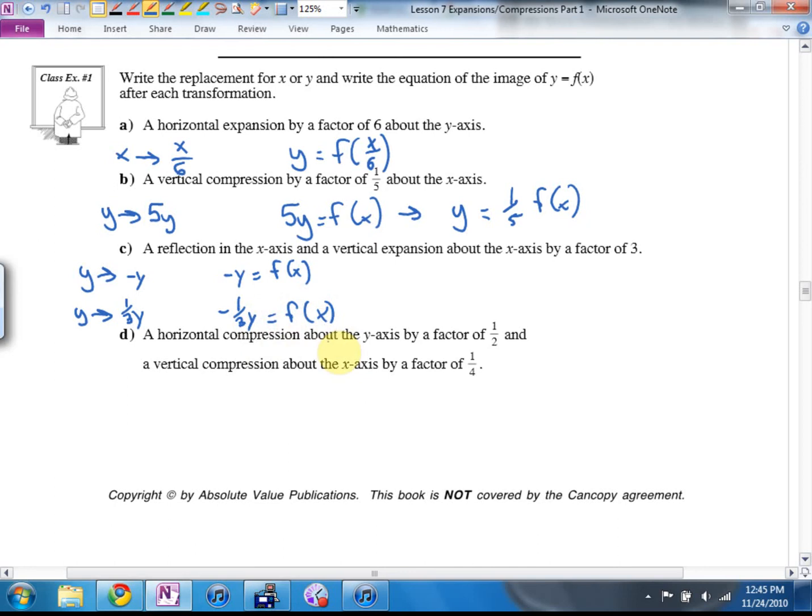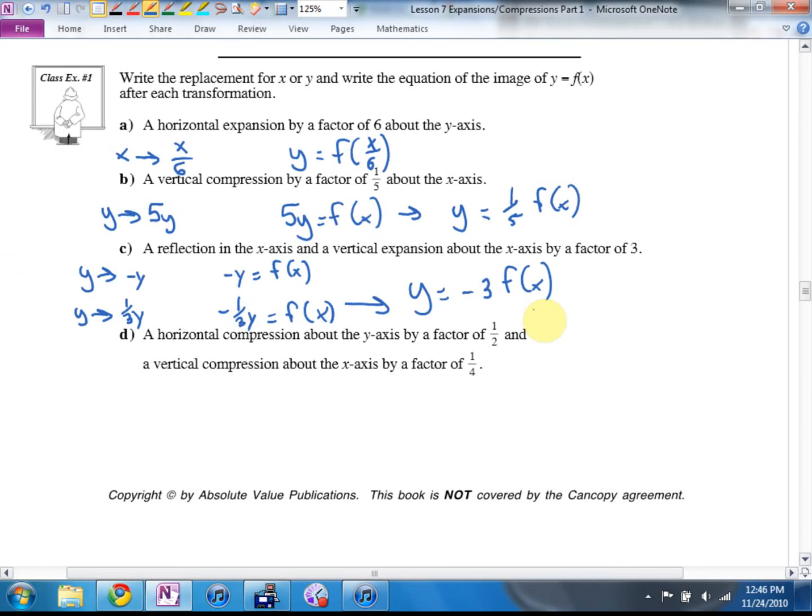What's the negative 1/3 doing to the y mathematically? So they're going to write it as y equals, the negative's going to go here, the 1/3 is going to be a 3 over on this side, f of x. That's the equation that has undergone a vertical reflection and a vertical expansion by a factor of 3.